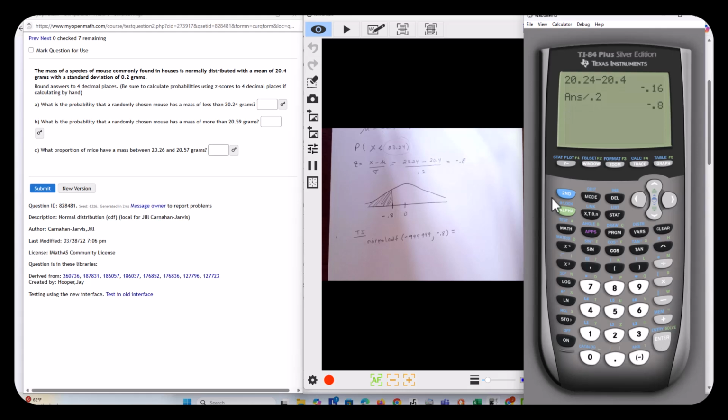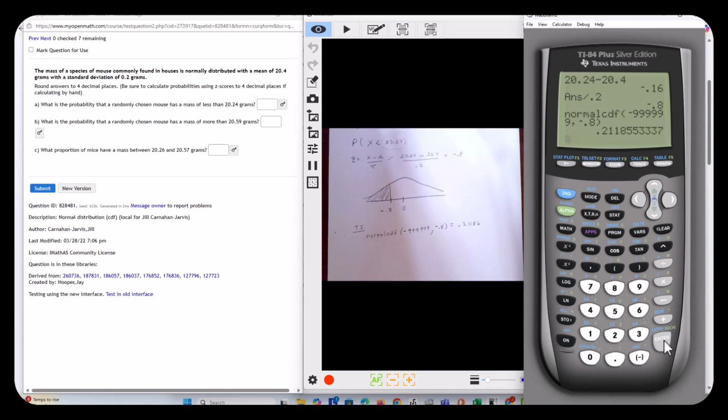So second vars, normal CDF, negative 999,999, comma, negative 0.8. And that's 0.21186.